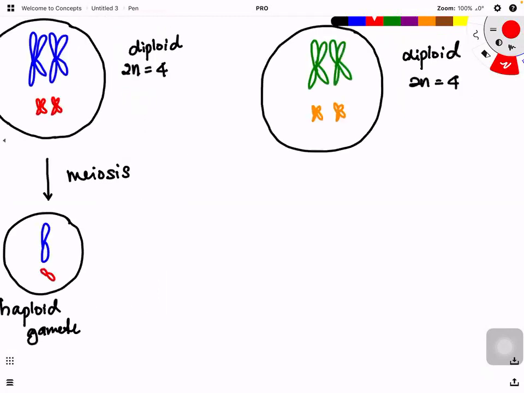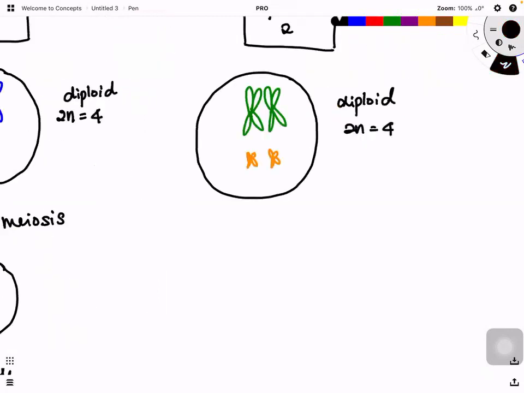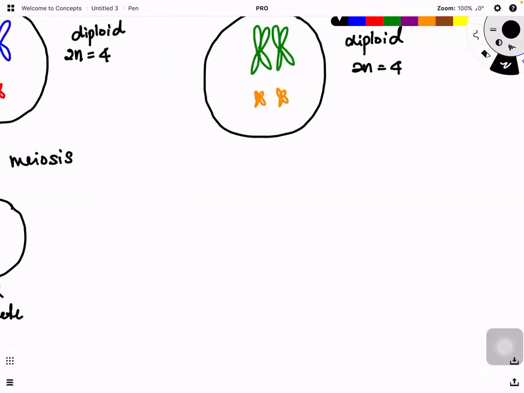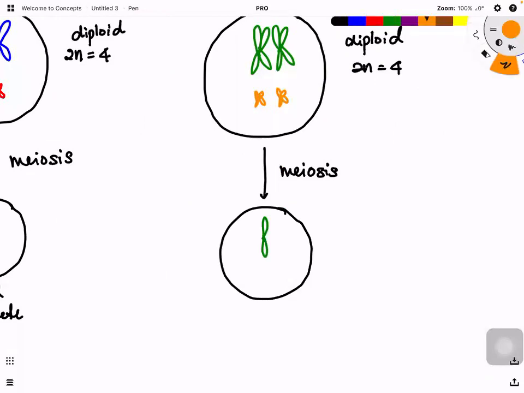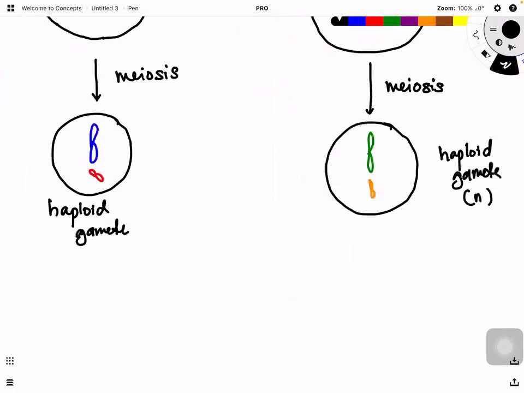The same goes for species 2. Species 2 carries out meiosis as well, so they will get gametes, 1 green, 1 orange. One set, so this one is also a haploid gamete, n. Can you see that? Haploid gamete n, haploid gamete n.